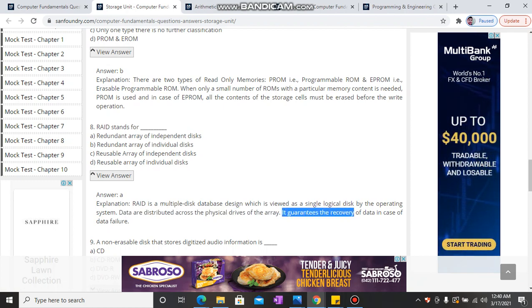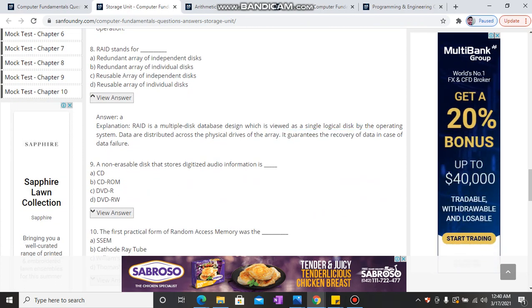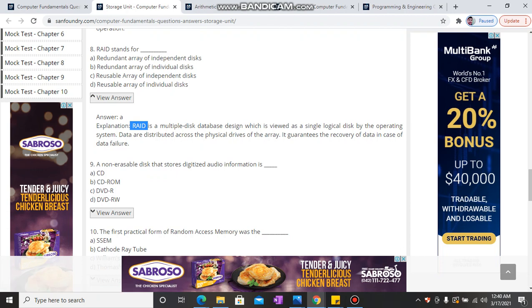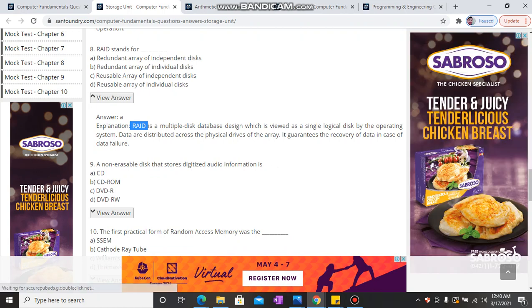It guarantees the recovery of data in case of failure.